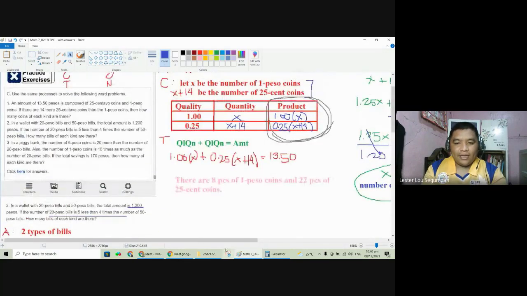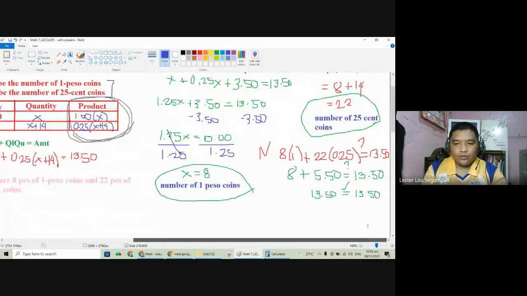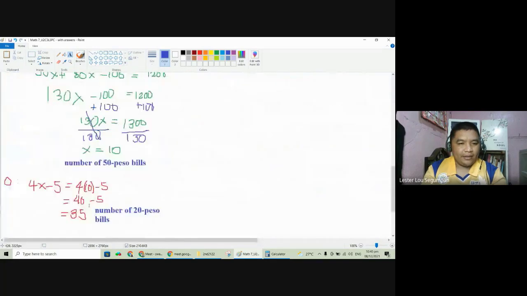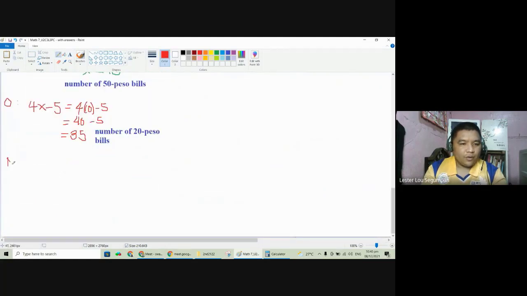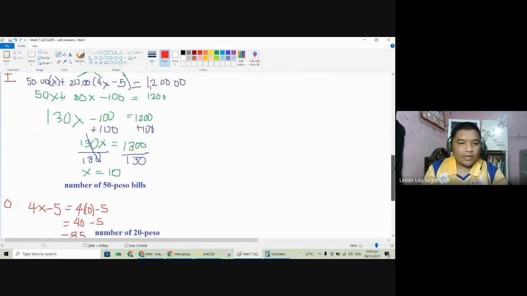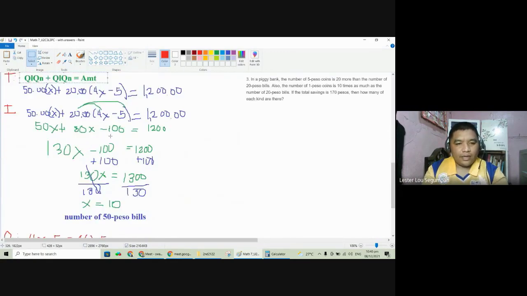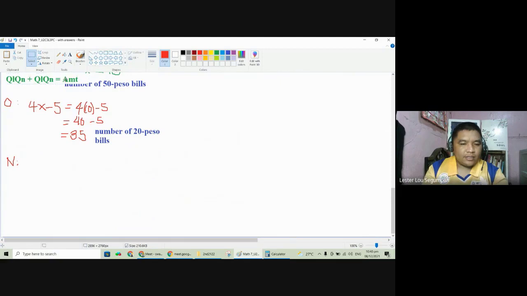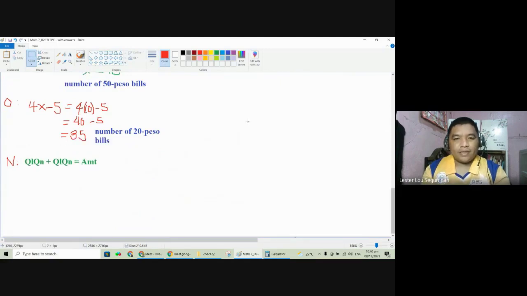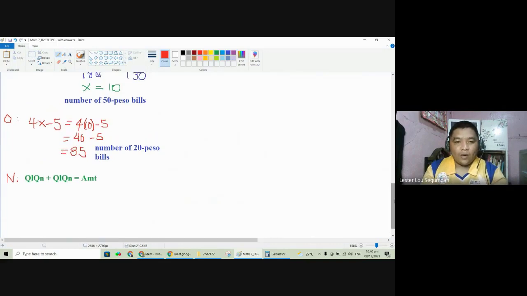And then similarly earlier, we are going to have here the checking or the step N neutralization, where we are to check whether the amount is the same as expected, multiplying the quality and the quantity.